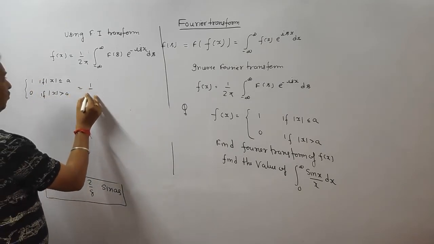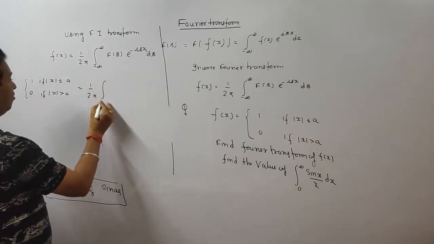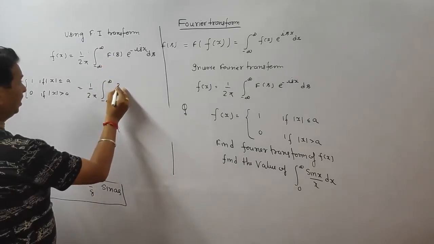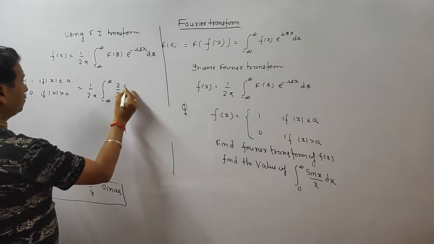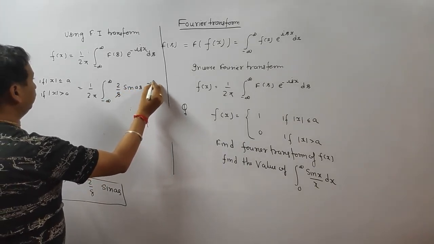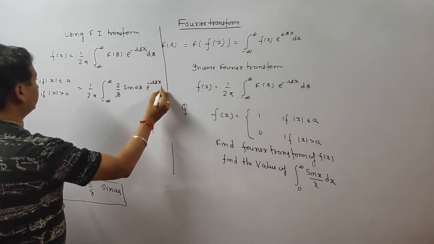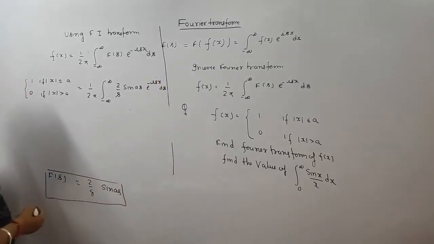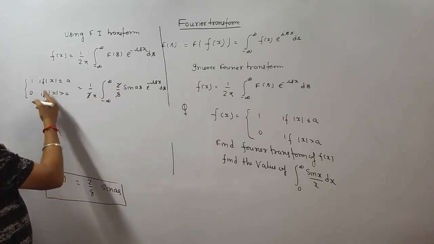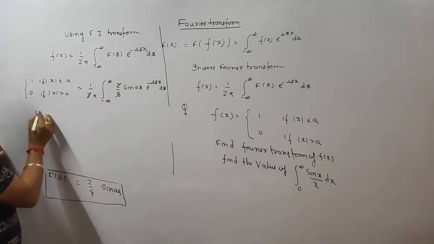What is the right hand side? 1 upon 2 pi, minus infinity to infinity. What is F(s)? F(s) is nothing but 2 upon s sine s a, e to the power minus iota s x ds. So 2 cancels, and pi will come to this side. So what is the value?